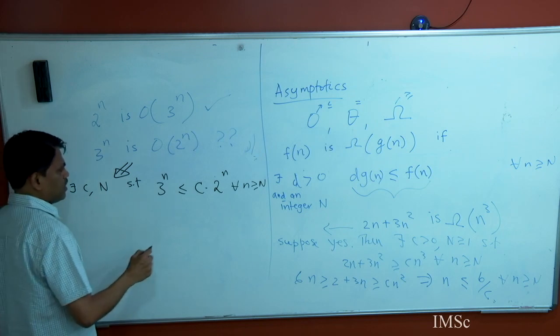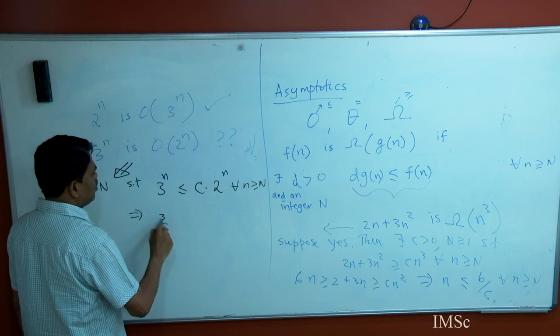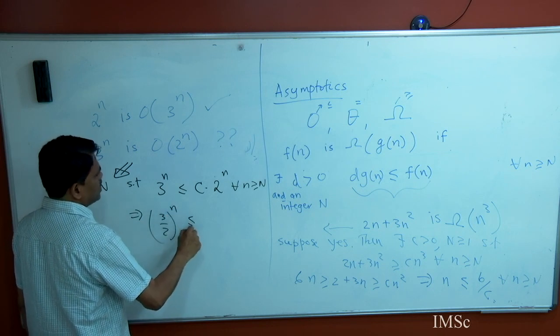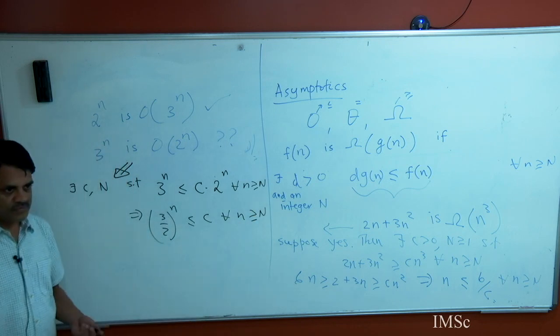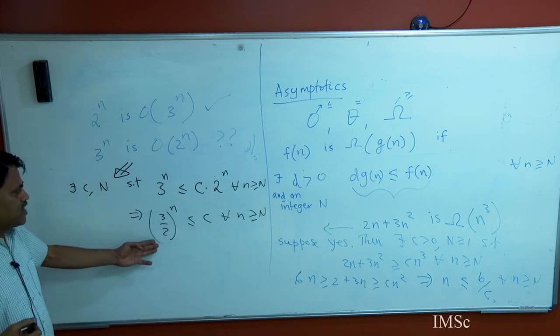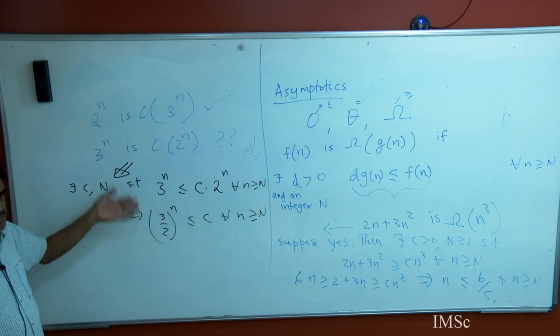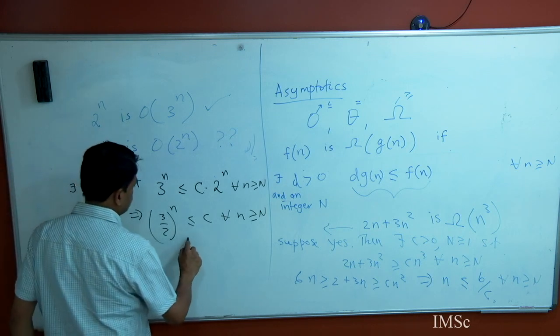Which means what? This implies (3 by 2) whole power n is less than or equal to C for all n greater than or equal to capital N. This is obviously not possible, right? C is a constant, whereas this is a growing function of n, right? This is a contradiction.